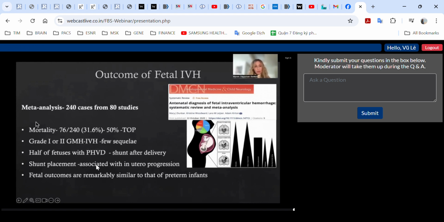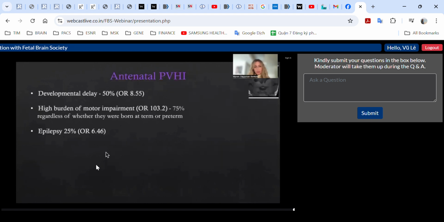They also showed that half of fetuses with post-hemorrhagic ventricular dilatation underwent shunt after delivery, and that shunt placement was associated with in utero progression. But what was really striking is that fetal outcomes were really similar to that of preterm infants, and in terms of PVHI, similar again to preterm infants.